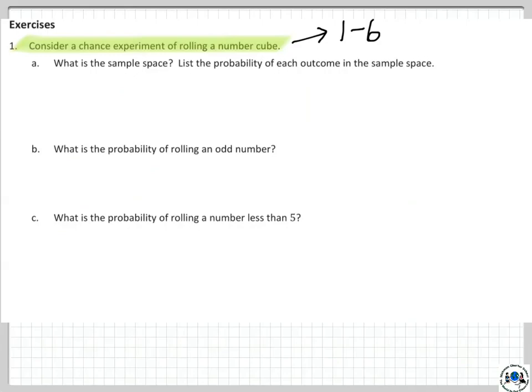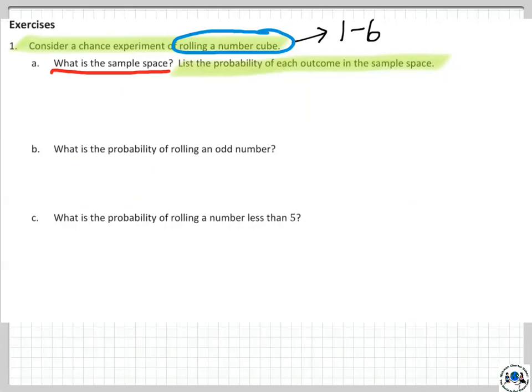Okay, let's see what you got here. Alright, so the first thing here is we want to come up with the sample space, and then list the probability of each outcome in the sample space. Now, this is a one-event experiment. It's just doing one thing. You're going to roll one number cube one time.